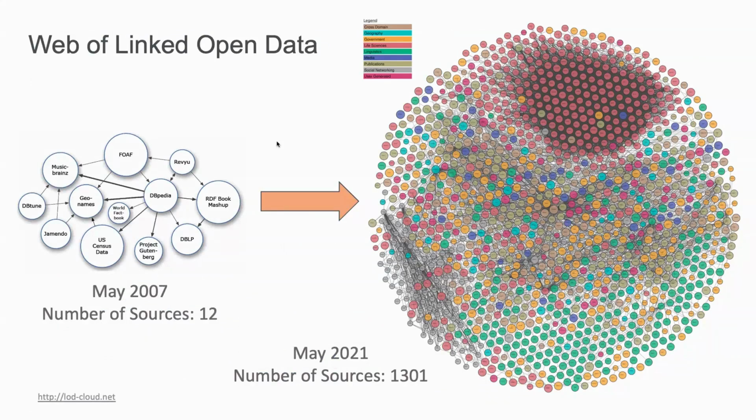From May 2007, when the web of linked open data was first conceptualized, there were only 12 such data sources represented in this linked data fashion. And then in May 2021, in the current time period, there are more than 1,300 sources which are represented as RDF linked data graphs, or are made available for querying using SPARQL endpoints. And all of these are semantic web technologies that I am going to talk a bit more about in the future.